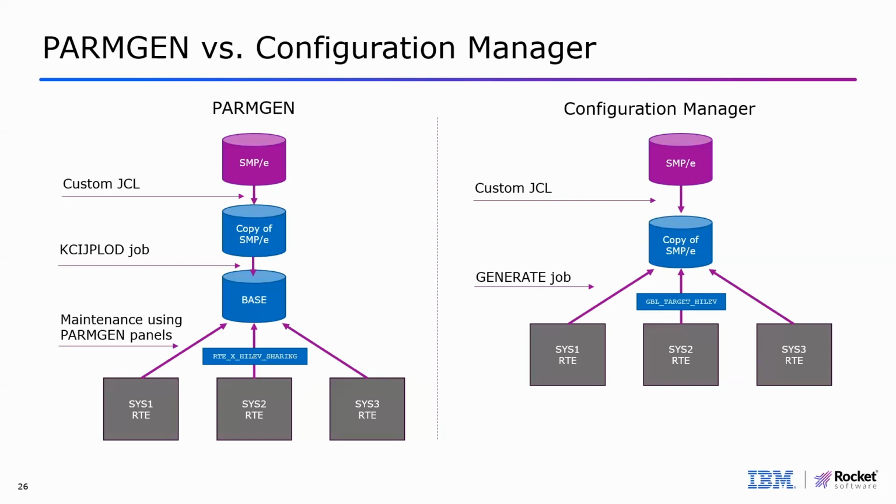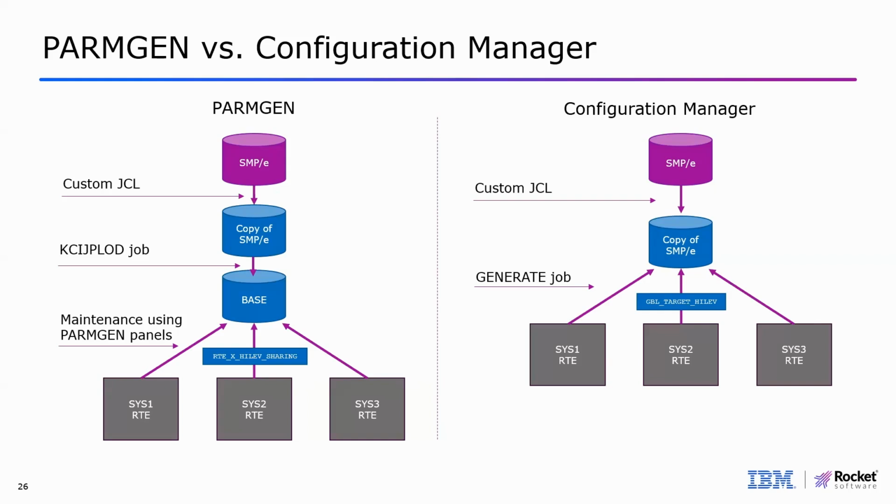The benefit of the base, though, is that this is managed by ParmGen. Now looking at the right-hand side, in Config Manager we eliminated this additional indirection, but we still manage your copies in the same intelligent way as ParmGen managed the base.